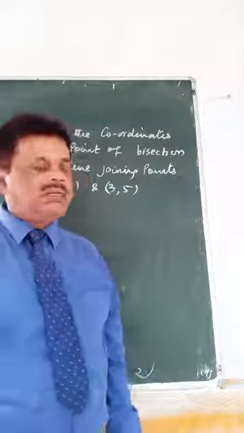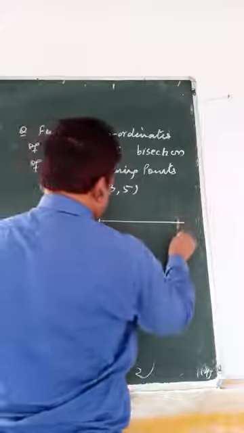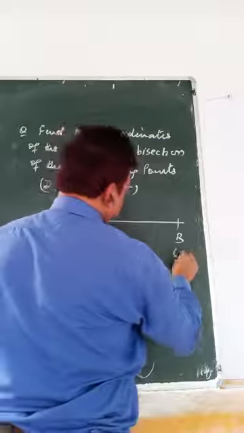Ratio of bisection is 1:1. So this is A, this is B, this is (2, 3), this is (3, 5).